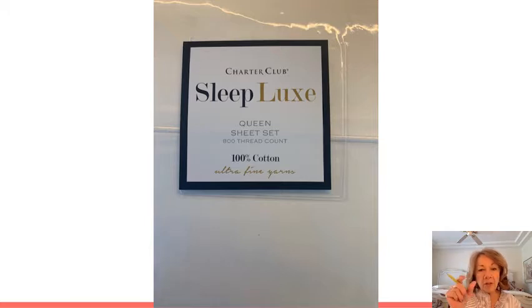It means there are actually 800 threads in an inch of that fabric, or 1200. The threads are so fine that we can't even really count them with the naked eye. And your finer sheets are the ones that have the higher thread count.